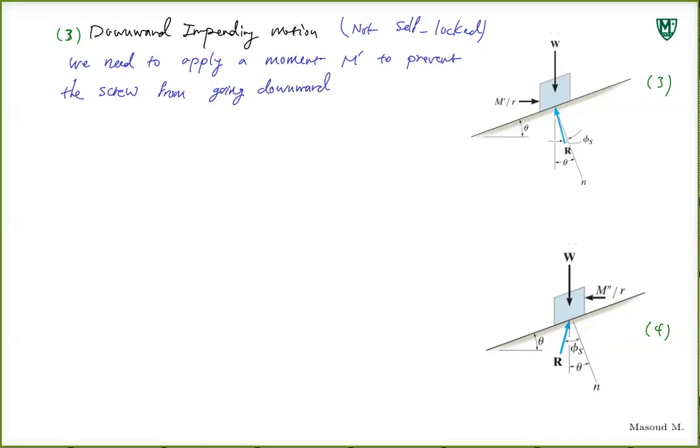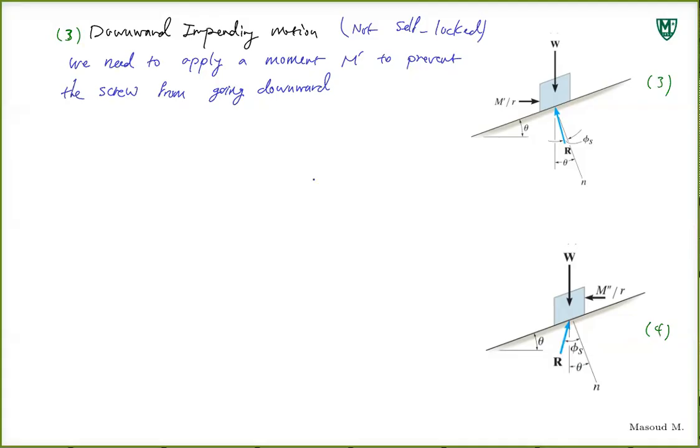Because W is too much, very heavy, or angle theta, lead angle, is too big. And as a result, the friction cannot stop this screw from going down. It's not enough. Friction is not enough. So we have to add some moment.